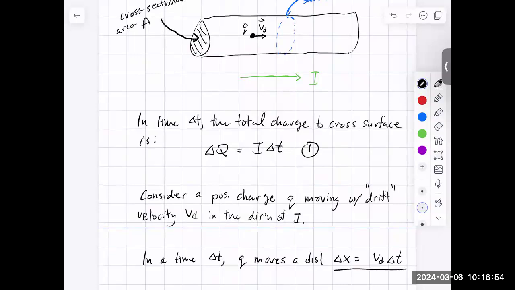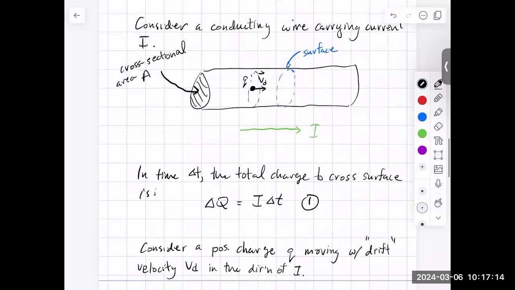So I want to imagine that in this time delta T, this charge Q has moved from its current position to that blue surface. So it just barely reaches that surface in time delta T. If that's the case, then this distance is delta X, the distance that it moved.